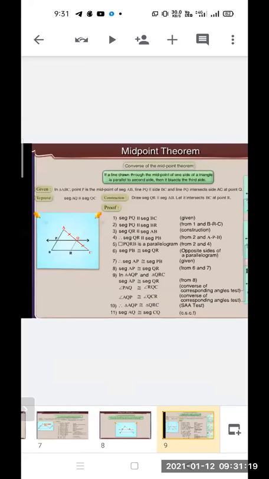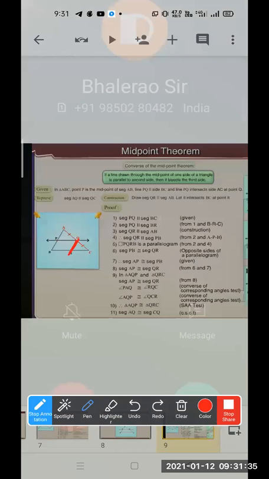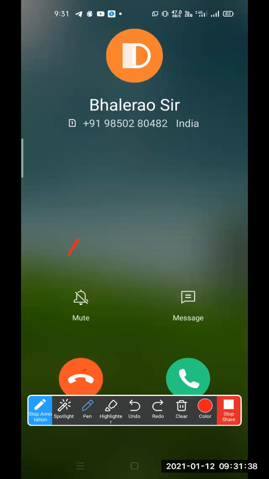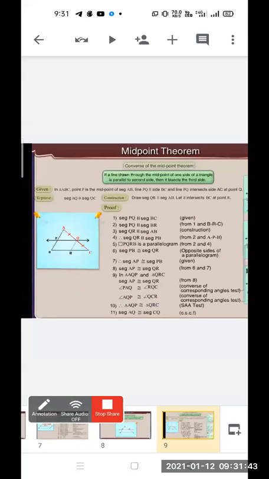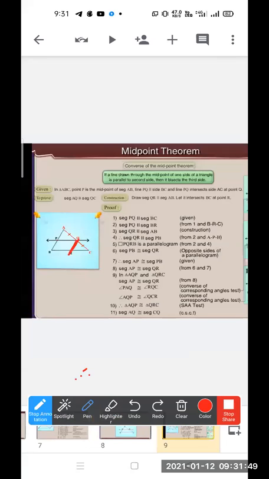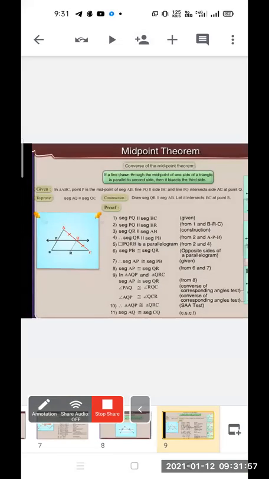Here we have to draw QR parallel to PB, intersecting the segment BC at R. Okay. So let us see the proof.